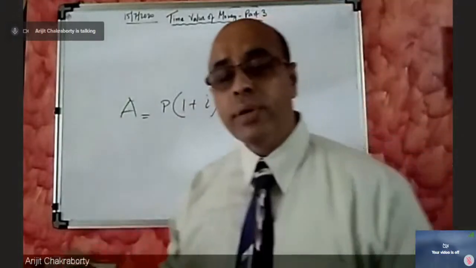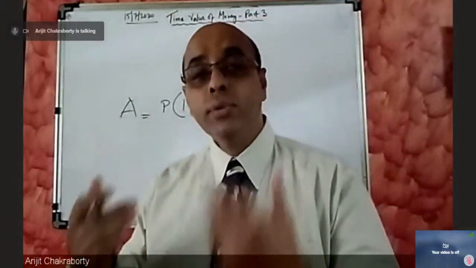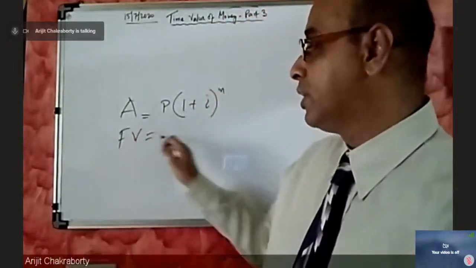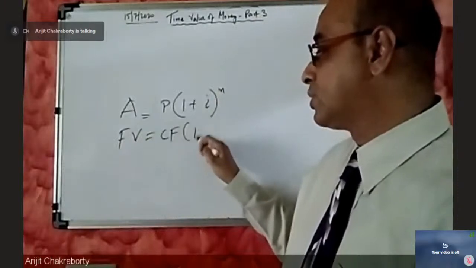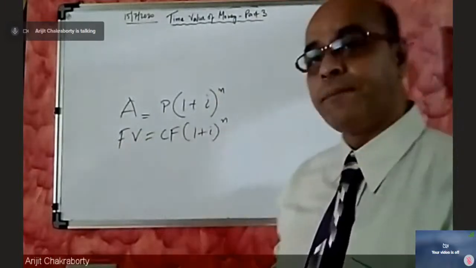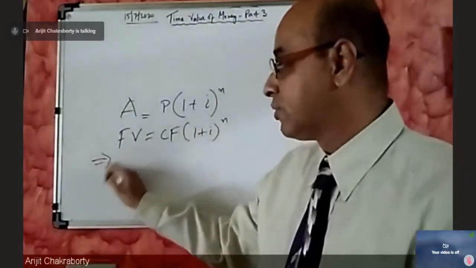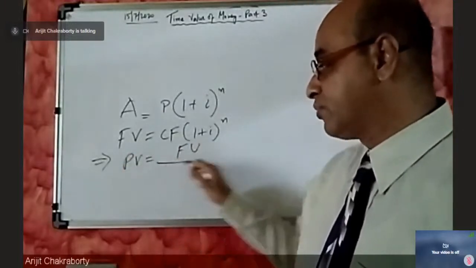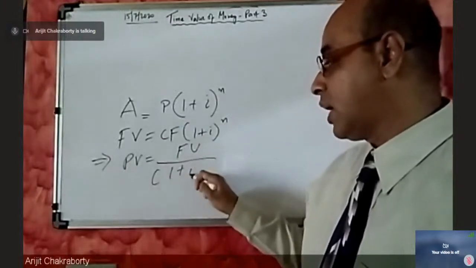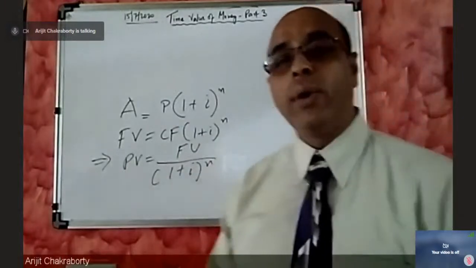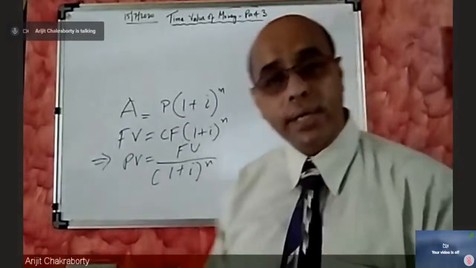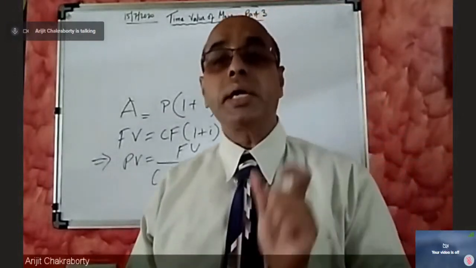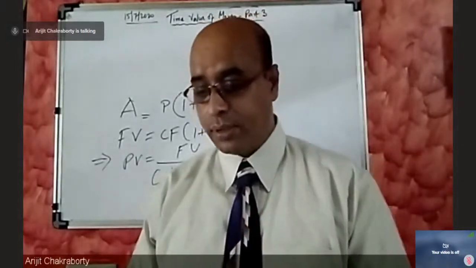And when we have something like annuities, we say future value is equal to cash flow into (1 plus i) to the power n. Therefore, the present value is equal to the future value divided by (1 plus i) to the power n, where i is the rate of interest and n is the number of conversion periods.